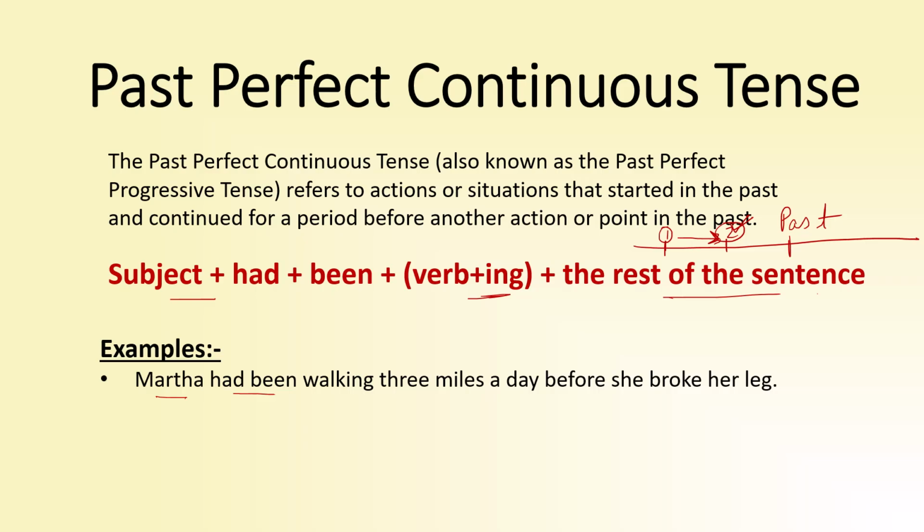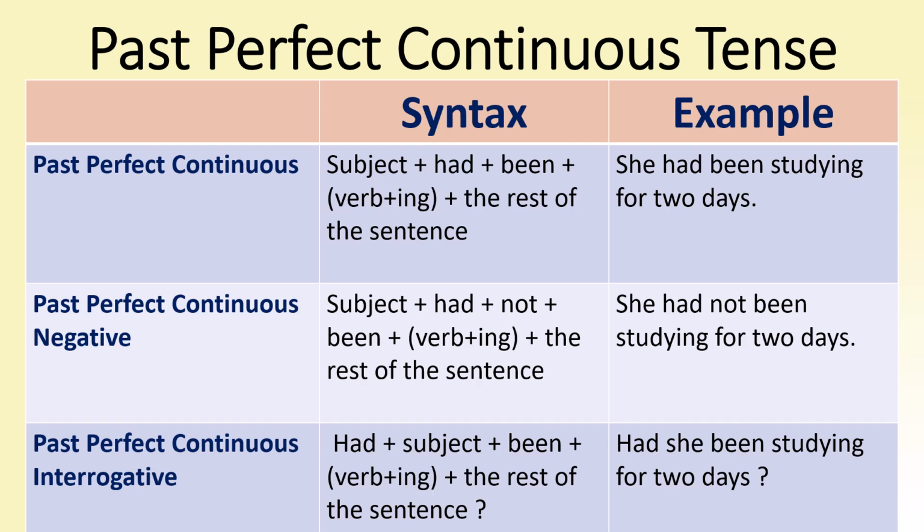Now we will see the syntax of the past perfect continuous negative and the past perfect continuous interrogative. First of all, subject, had not. Again, by adding not in the past perfect continuous sentences, we are converting this syntax into the past perfect continuous negative: not, been, ing form of the verb, and then the rest of the sentence.